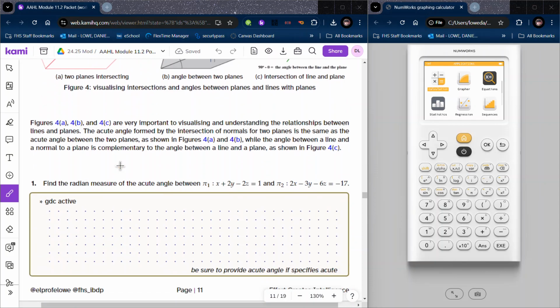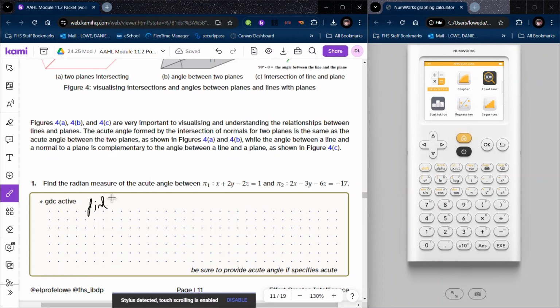So if we want to find the radian measure of the acute angle between plane 1 and plane 2, we just need to find the angle between the normals. To do this, we need to find the angle between normal 1 and normal 2.